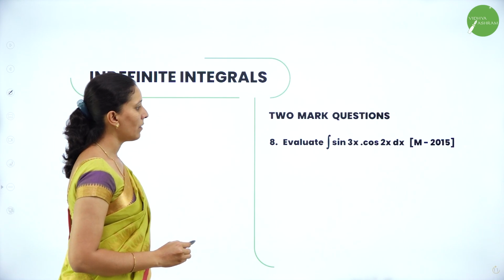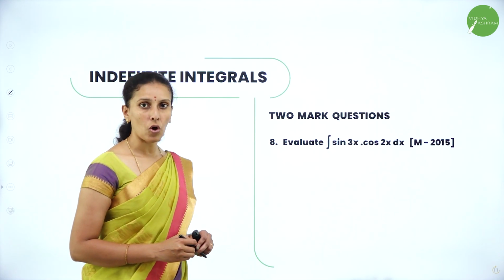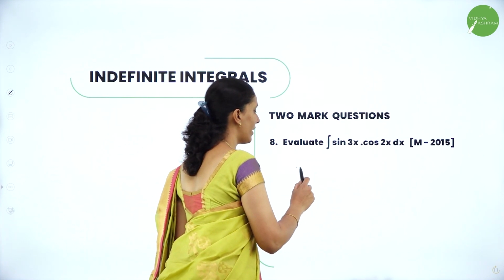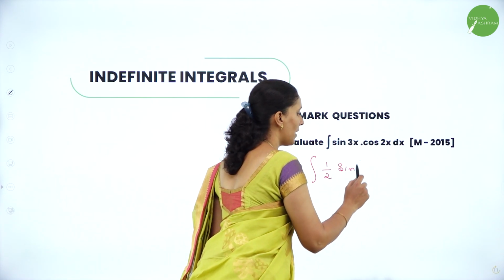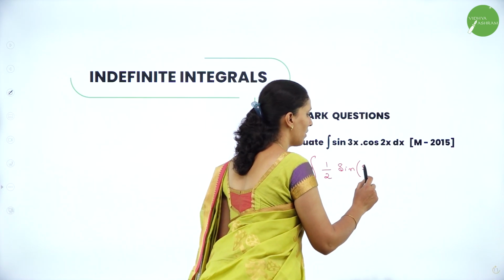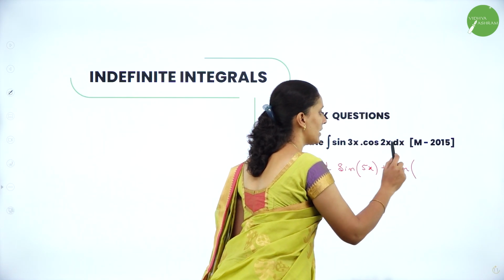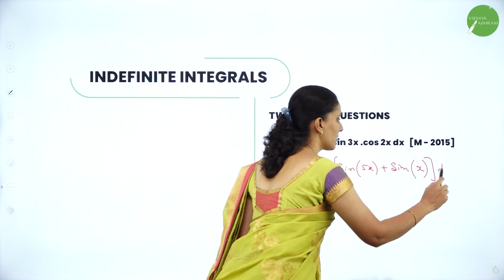Next we have 2 marks question. Evaluate integral of sin 3x into cos 2x dx. So using this transformation formula, I can write this as half sin a plus b, that is 3x plus 2x, that is 5x, plus sin a minus b, that is 3x minus 2x, that is x, into dx.